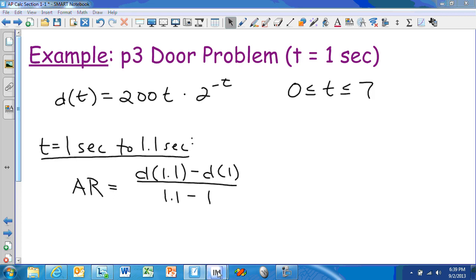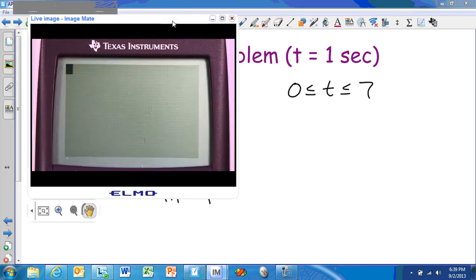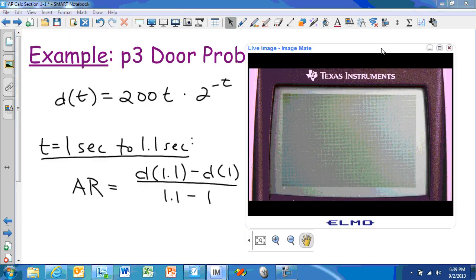So I'm going to try to move the calculator screen over here so you can see it. On the calculator home screen, I'm going to punch in that equation, except of course on my calculator I don't have a function called D. Instead I put it into a function called y1. So I'm going to do that exact calculation on the calculator here.